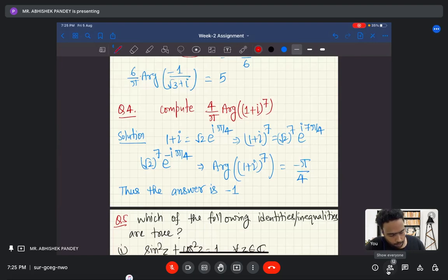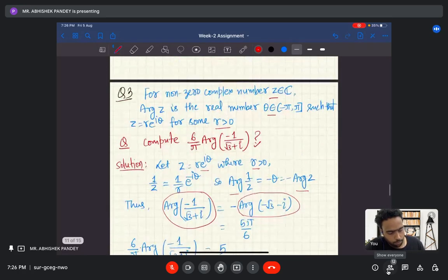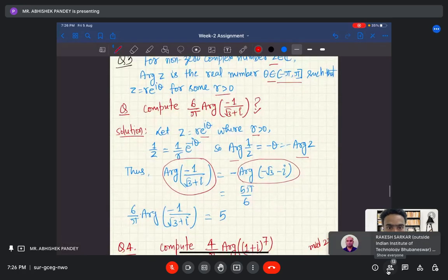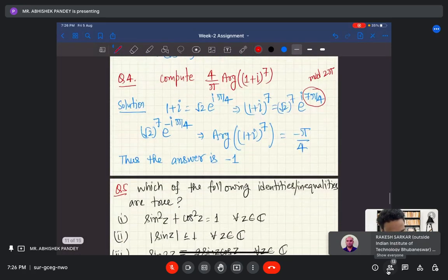Since we need to take modulo 2 pi, so that it belongs to minus pi to pi, the argument of this will be minus pi by 4.